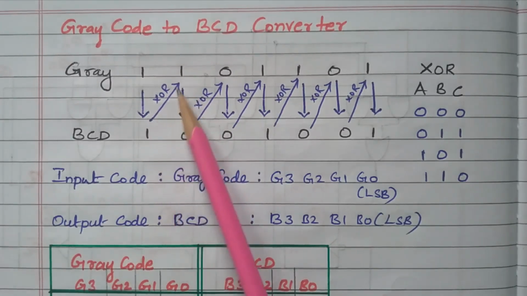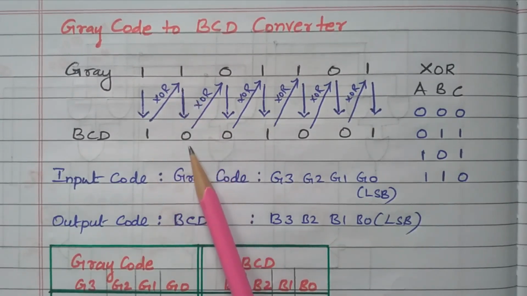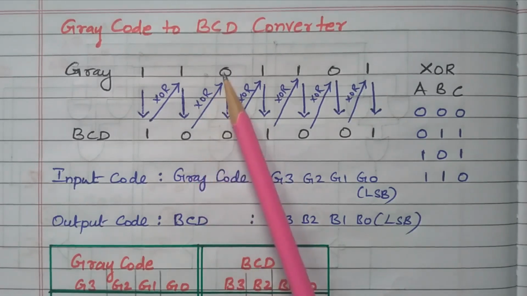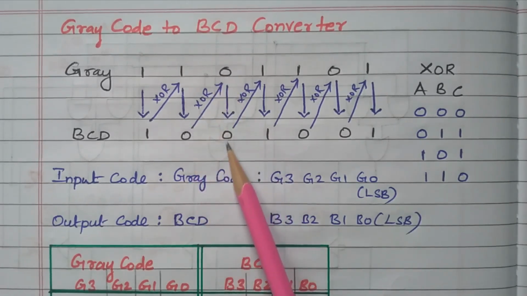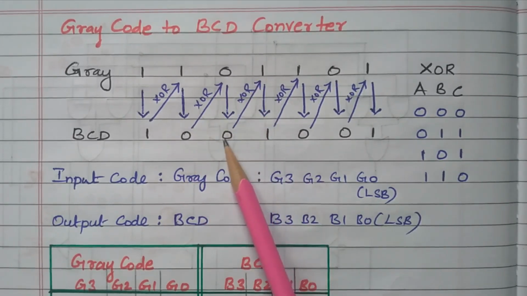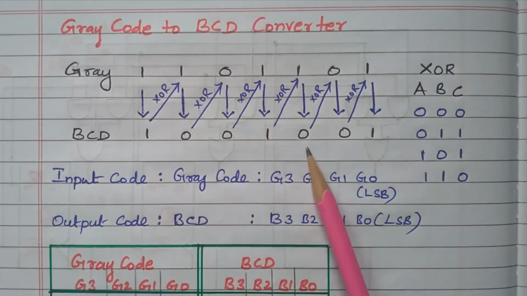See here, 1 and 1, same. The inputs are the same, so the output will be 0. Then this 0 is XORed with this 0. Again the inputs are equal, so the output will be 0. Then 0 and 1, both the inputs are different, so the output will be 1. Now 1 and 1, again the inputs are equal, so the output is 0.